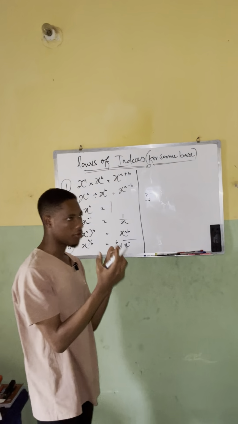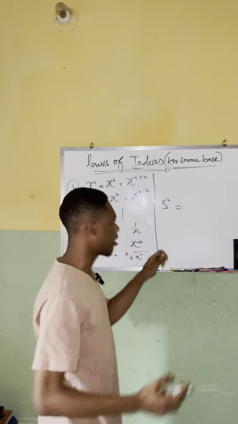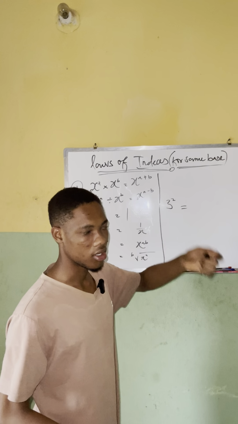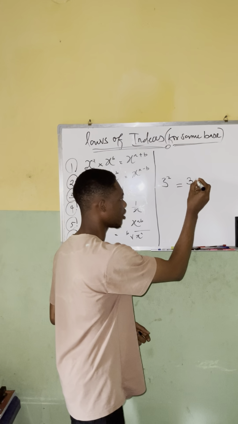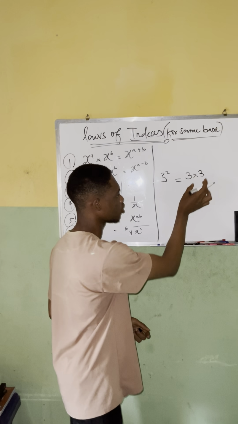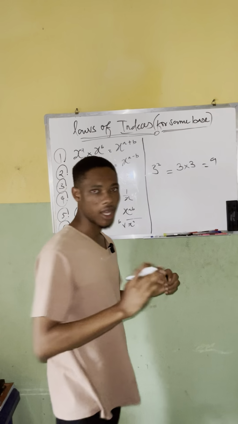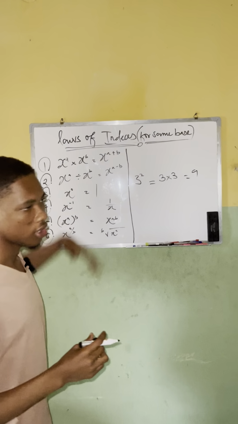It is just the same thing as asking how many times 3 repeats itself in terms of multiplication. That's 2 times. So that's going to be 3 times 3, repeating itself 2 times, and that equals 9.